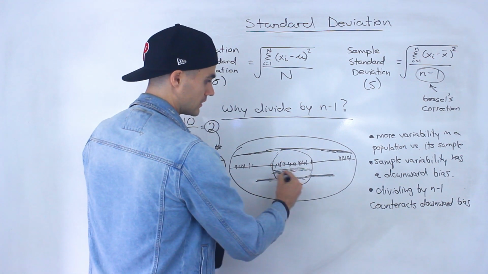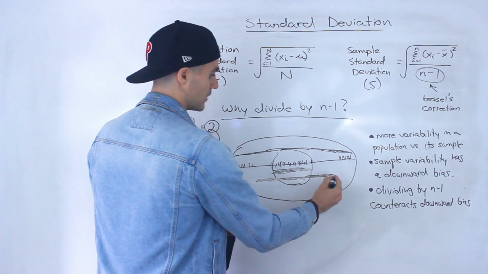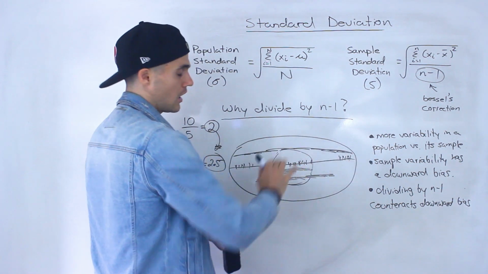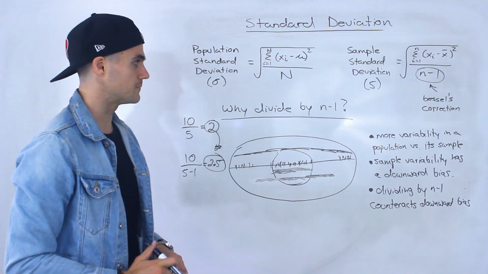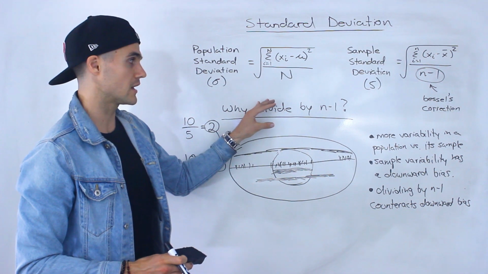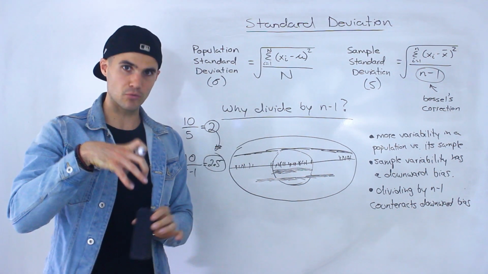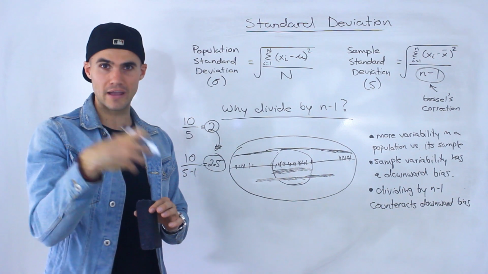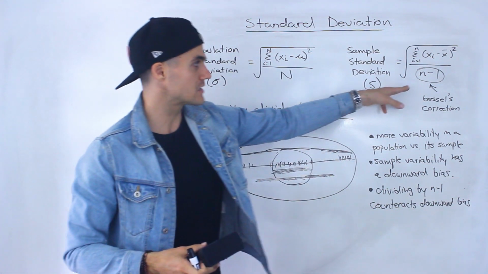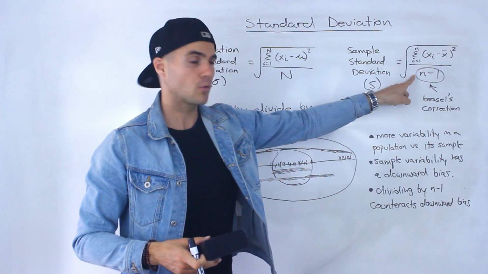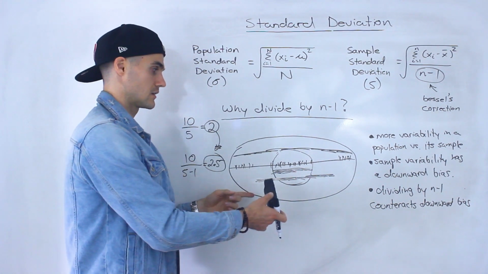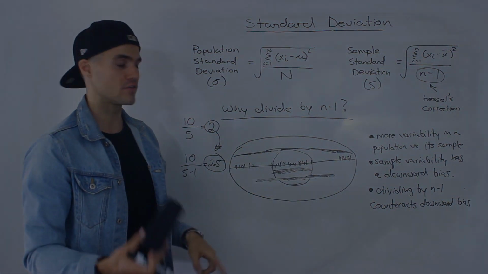Hopefully you got that explanation. That's the reason why you're dividing by n-1: that sample variability has a downward bias when you compare it to its population variability. And so we divide by n-1 to make the denominator lower, to bring up this number to more closely represent the actual variability of the population.